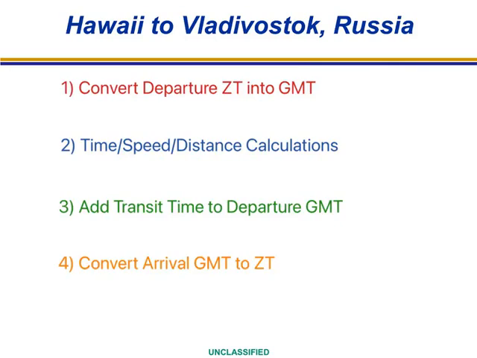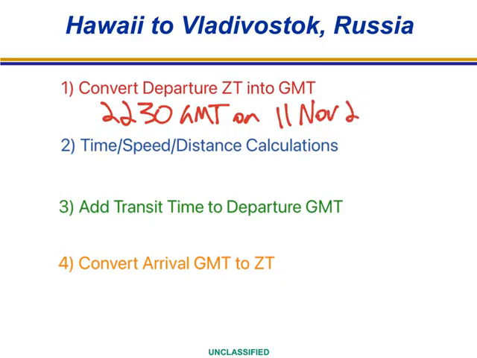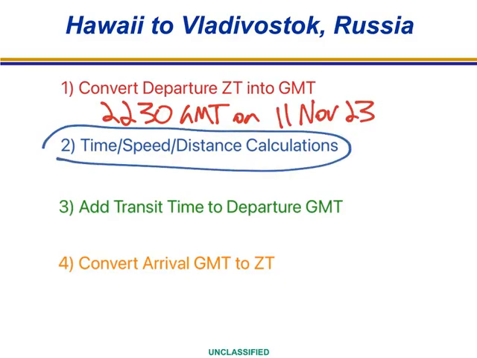So there we go. Step 1 complete. We converted our departure zone time into GMT and determined that we will leave our box at 22:30 GMT on 11 November 2023. In our next video, we'll do some time speed distance calculations to figure out how long it'll take us to transit from our box to Vladivostok.